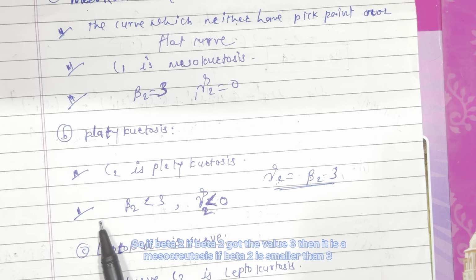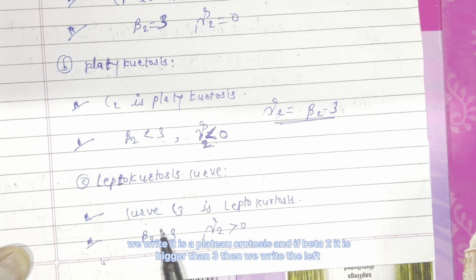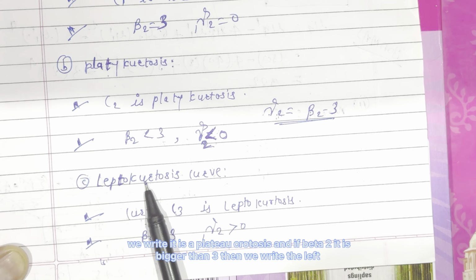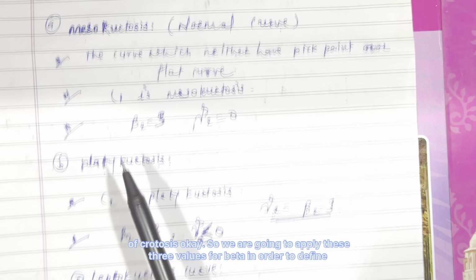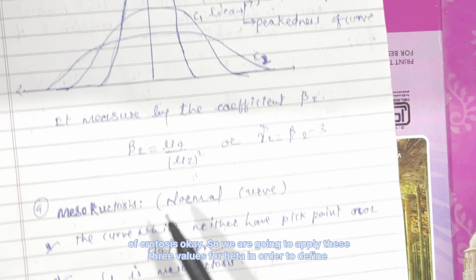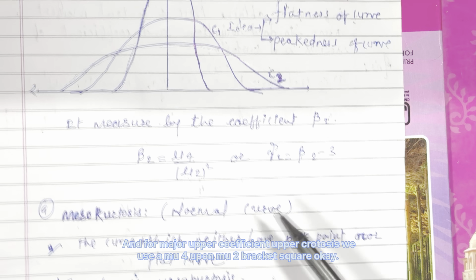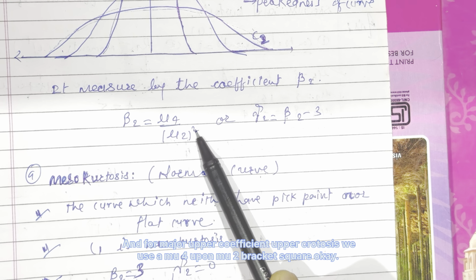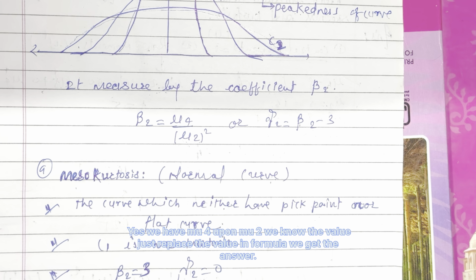If beta 2 is smaller than 3, we write it as plateaukurtosis, and if beta 2 is bigger than 3, then we write leptokurtosis. We apply these values of beta 2 to define whether the kurtosis is mesokurtosis, plateaukurtosis, or leptokurtosis. To measure the coefficient of kurtosis, we use mu4 upon mu2 squared.